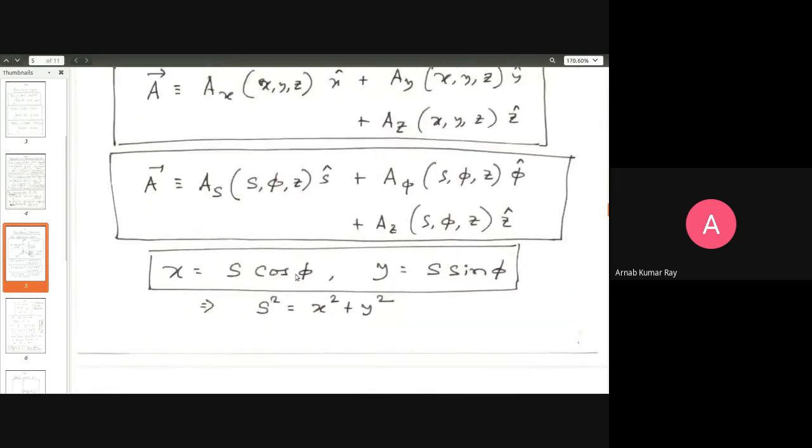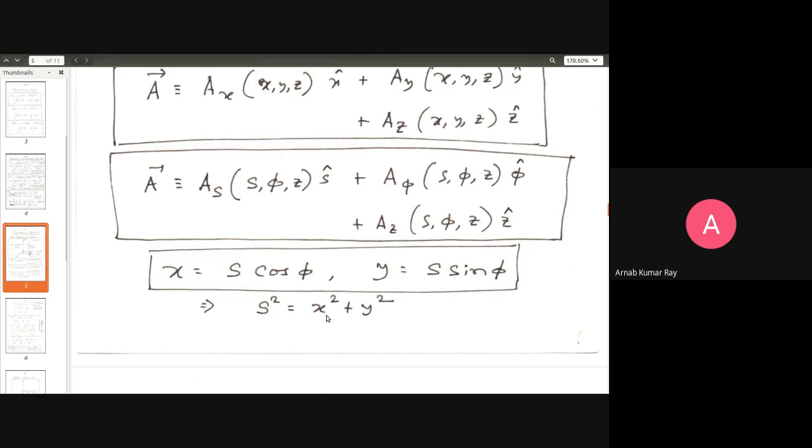If you look at these two equations, on the right hand side you have been supplied the values of s and phi in one coordinate system, and on the left hand side, using those two values, you are able to get x and y in terms of the old Cartesian coordinate system. The reverse is also true.